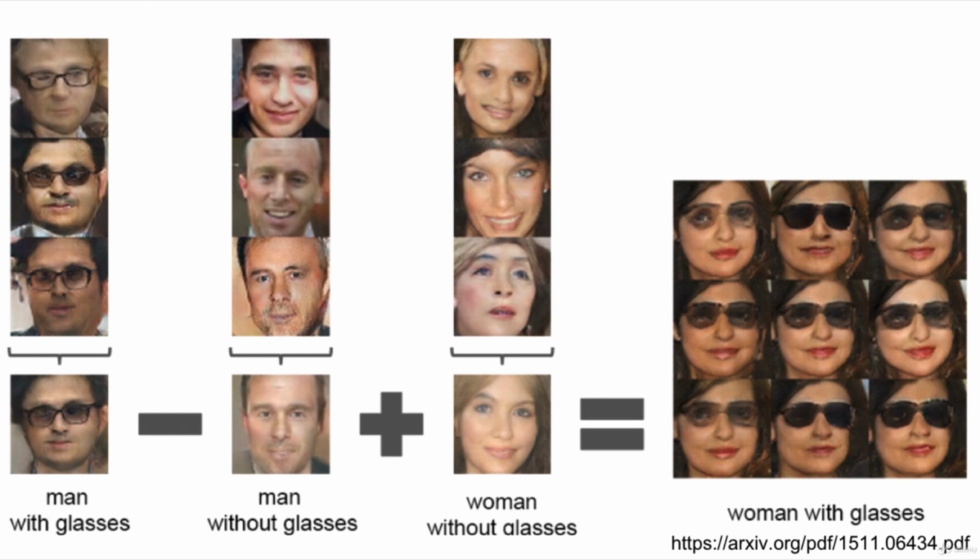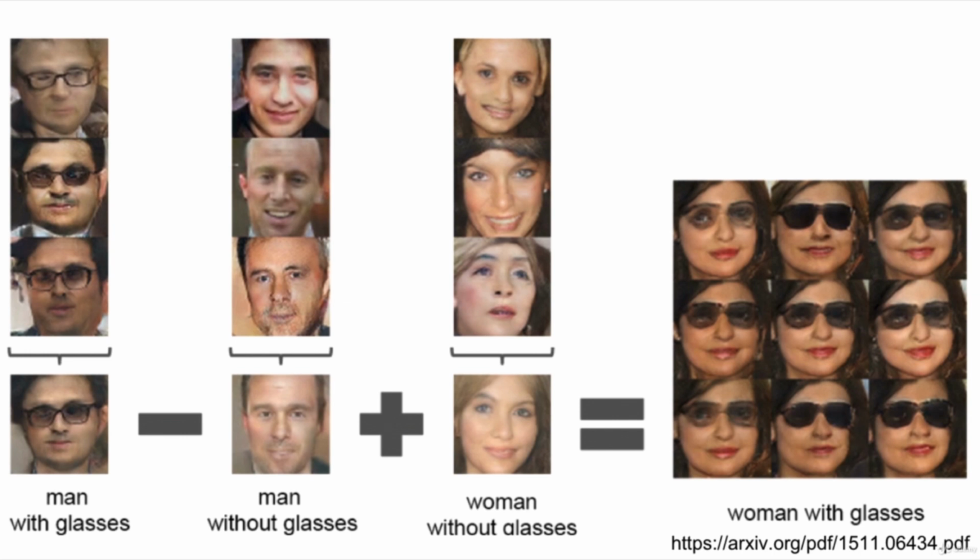So what do we do here? We take one latent code that is transformed by the generator into a man with glasses, one latent code that transforms to a man without glasses, and one latent code that transforms to a woman. After that, in latent space we perform the following. We subtract from the vector for the man with glasses the vector for the man without glasses.